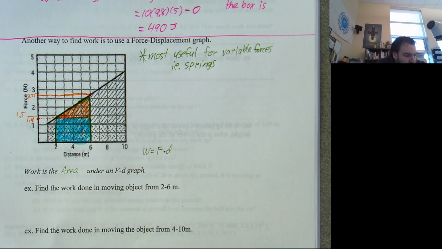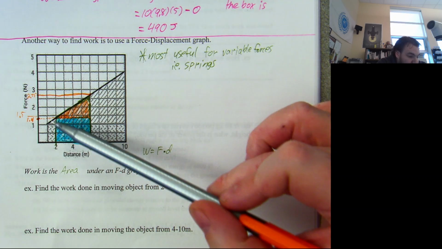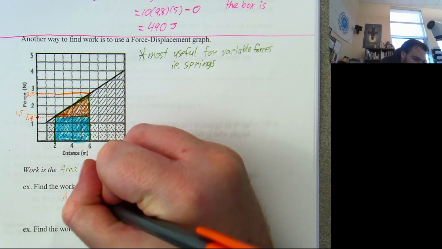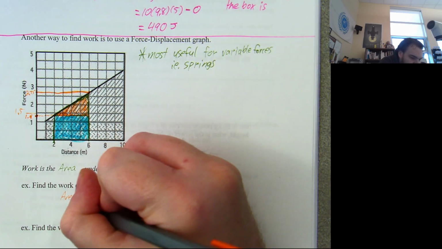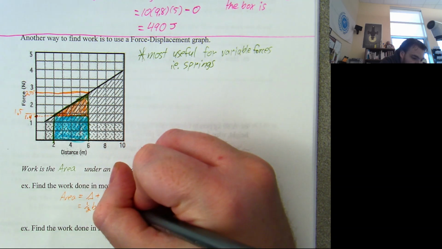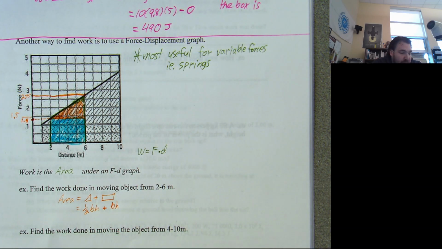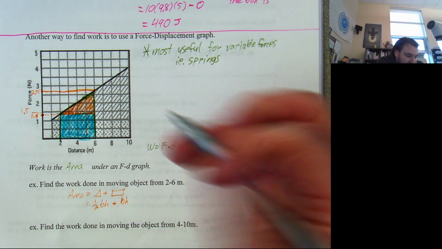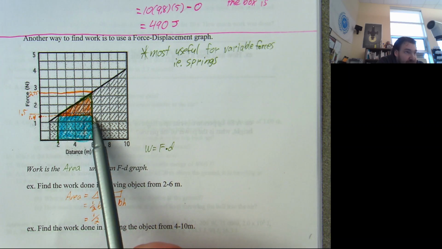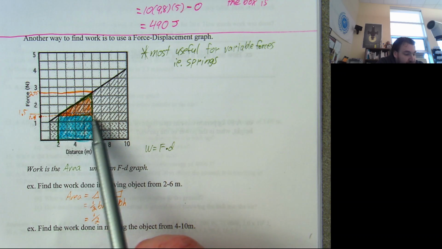Let's go ahead and find the area under this graph between 2 and 6 to figure out the work done. Now, the area is going to be equal to the triangle plus the rectangle. The triangle is 1/2 base times height. The rectangle is just going to be base times height, or length times width. Same thing. And so we can plug this all in. The 1/2 is going to be there as a 1/2. The base of the triangle is from 2 to 6.